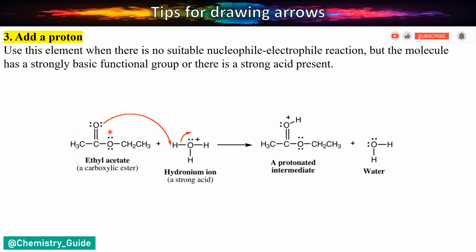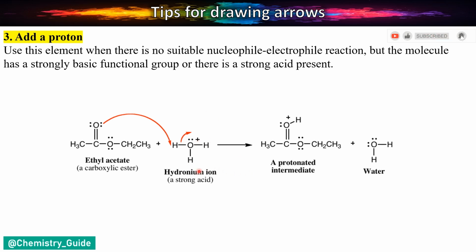So the proton is added on the carbonyl oxygen. Why is it added on this carbonyl oxygen? When there is a generation of this protonated intermediate, the bond of the carbonyl can be easily cleaved. So we have added the proton on the oxygen, generating the stable protonated intermediate.